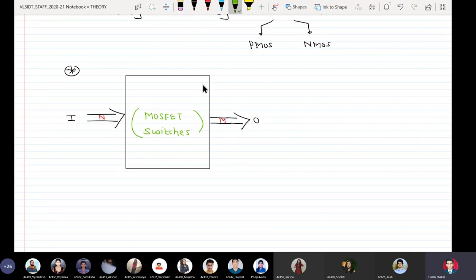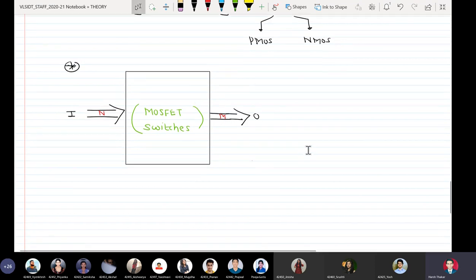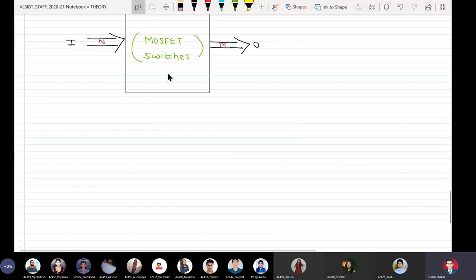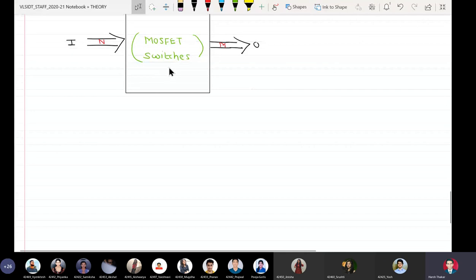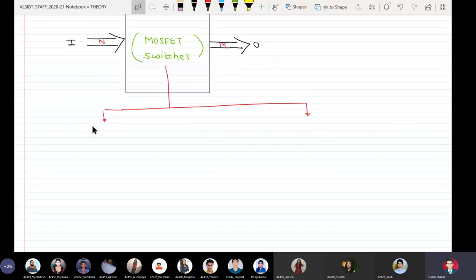If I use only PMOS, then it becomes a PMOS logic family.